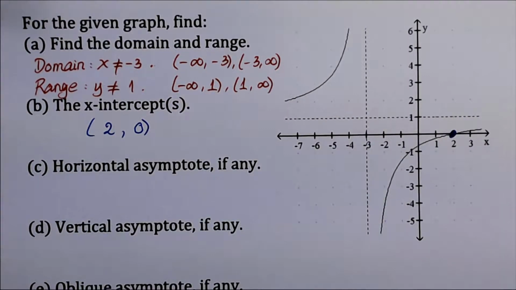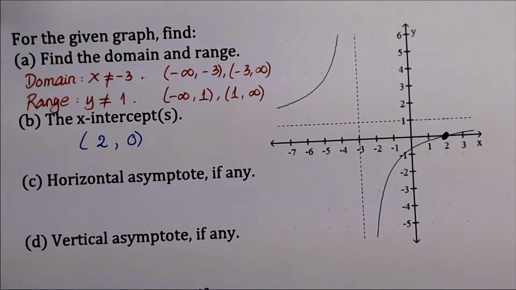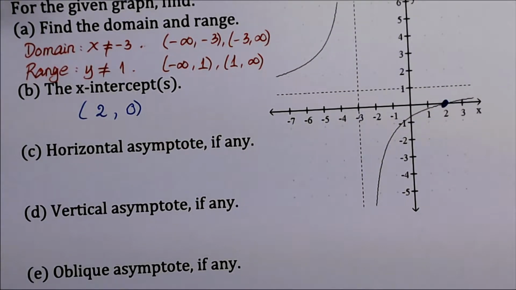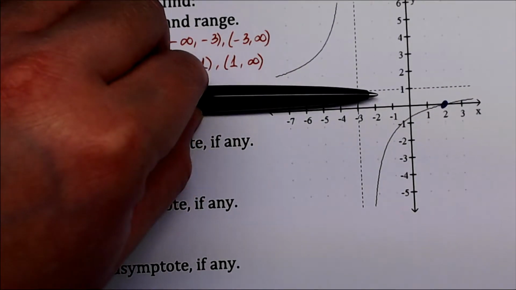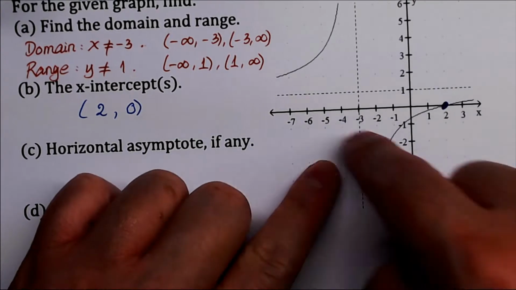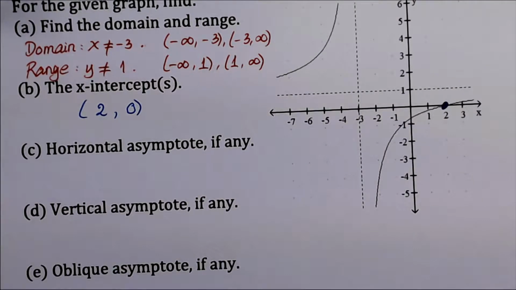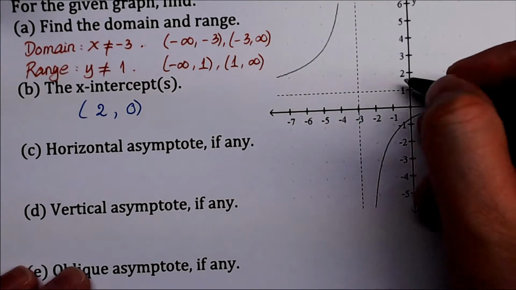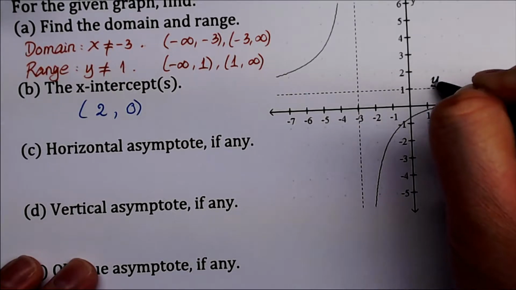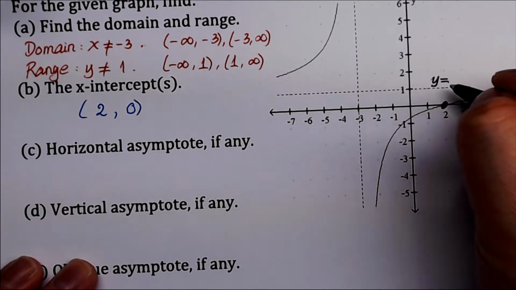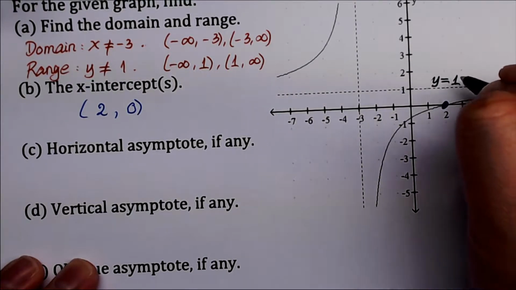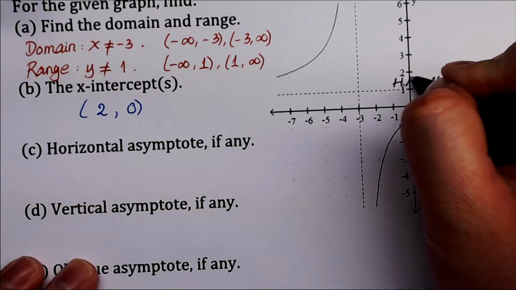Right. Next we find the horizontal asymptote. Horizontal asymptote is this line, and the equation for that line is y equal to 1. So we just say y equal to 1, and that is the horizontal asymptote.